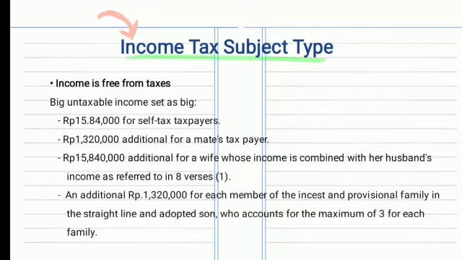An additional 1,320,000 rupiah for each member of the blood and provisional family in the straight line and adopted son, who is accounted for a maximum of 3 for each family.